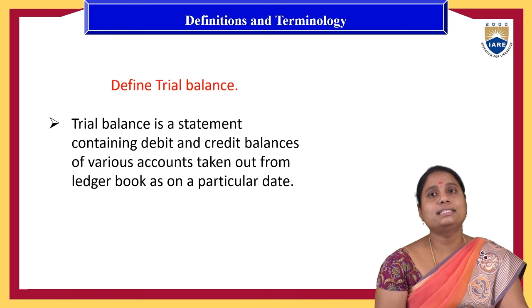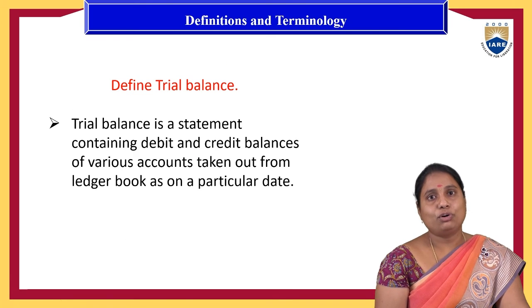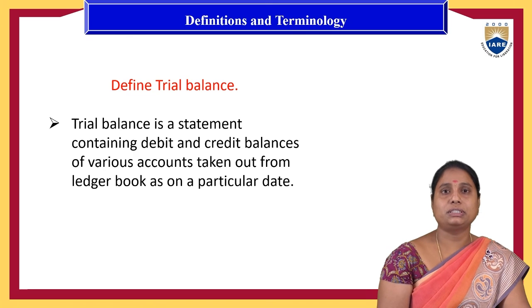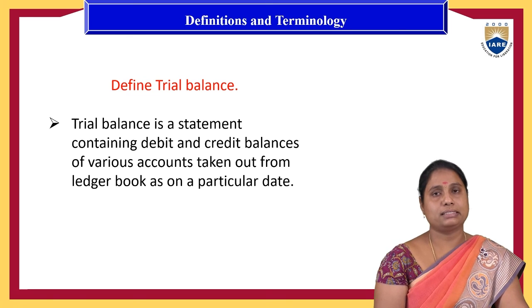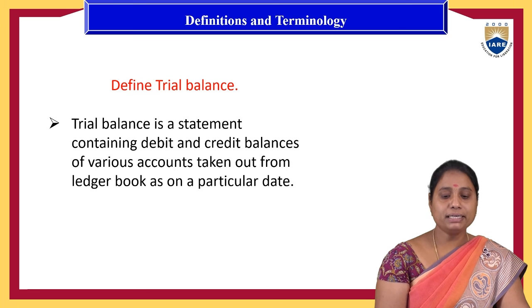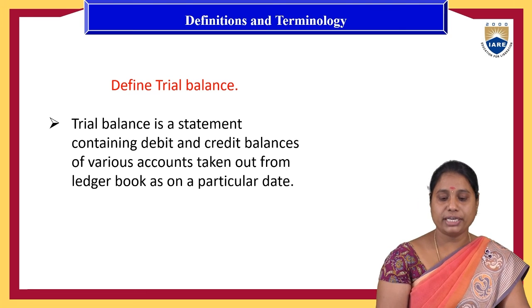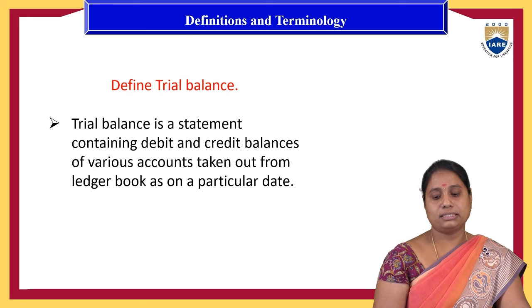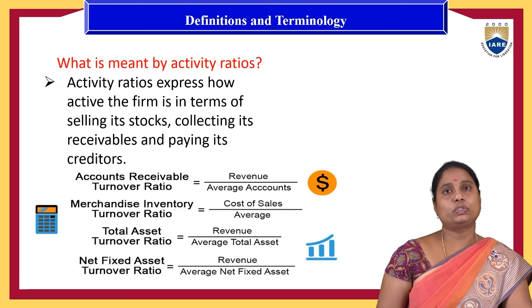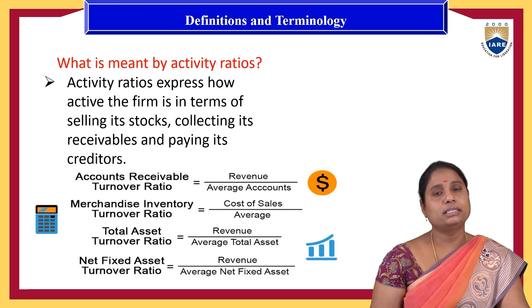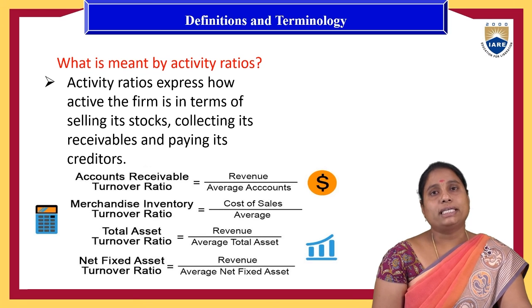Trial balance. It is a pre-verification of the transactions done, called a trial balance. That means it is a statement containing the debit and credit balances of various accounts taken out from the ledger book as on a particular date. Then what is meant by activity ratios?